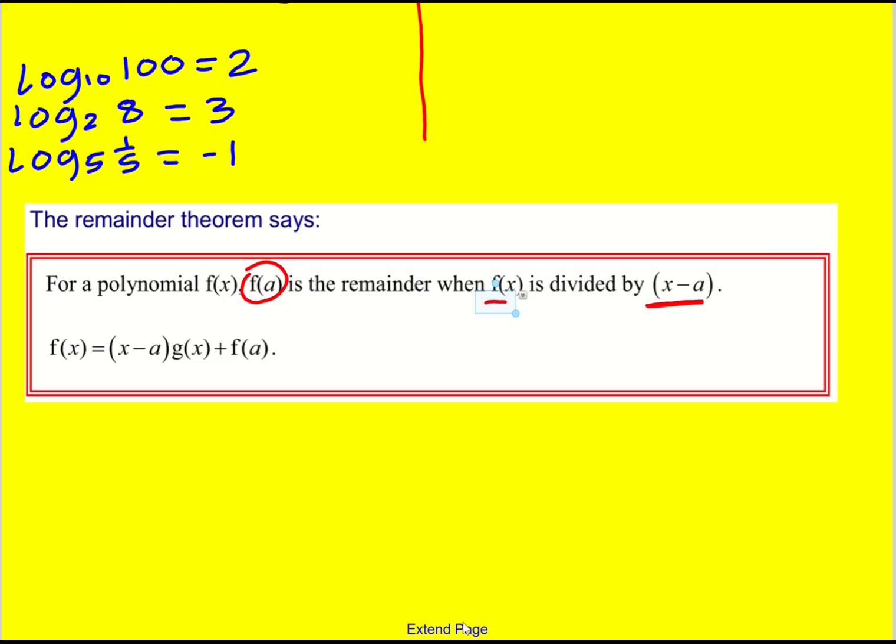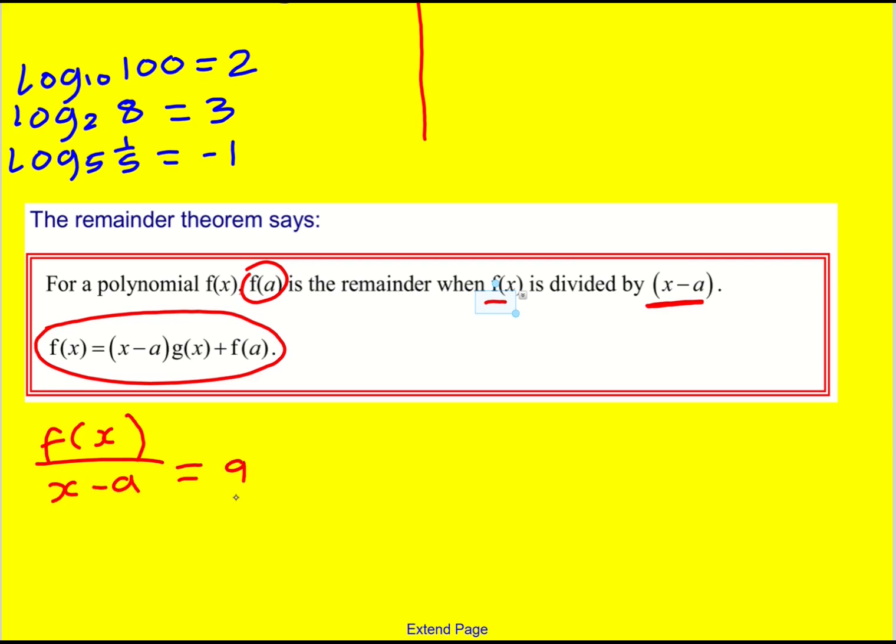The reason being, just very briefly, is that if I have some sort of polynomial and I divide by x minus a, then I'm going to get some sort of polynomial out of it, and then I'm going to get a remainder, which let me call r, which I still need to divide by x minus a.